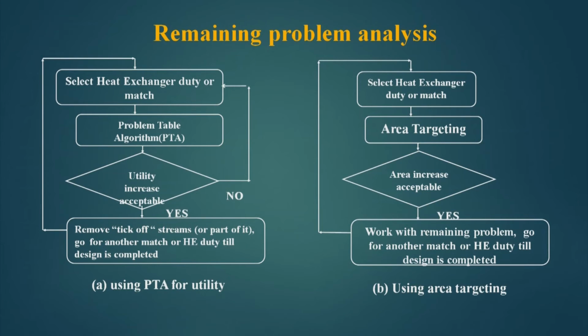If yes, then we work with the remaining problem, go for another match or heat exchanger duty till the design is completed, and then we put in another selected match. If no, then we select another heat exchanger duty or another match, and again do the area targeting and see whether the total area has increased or not.